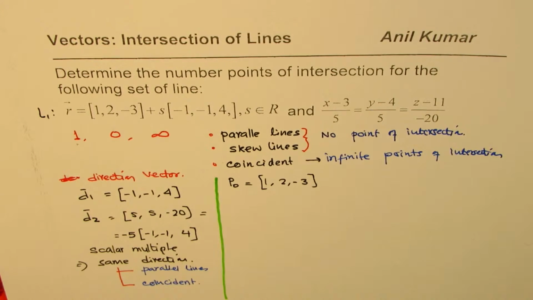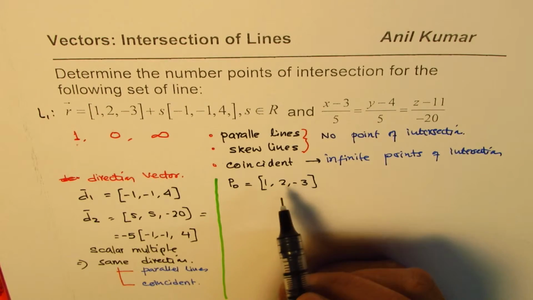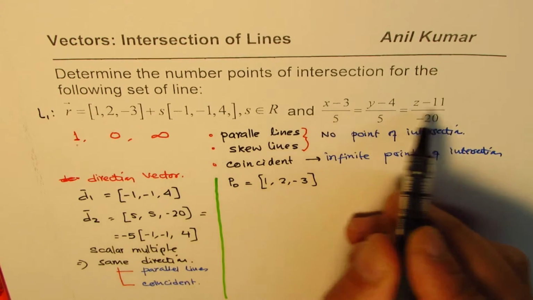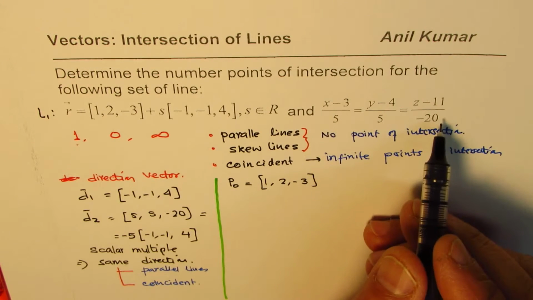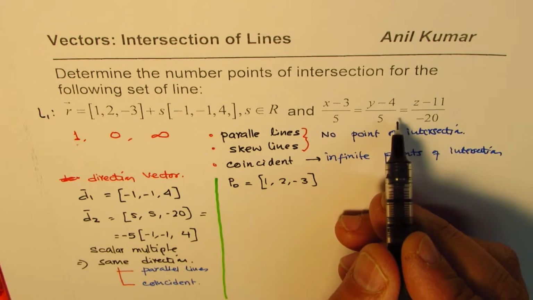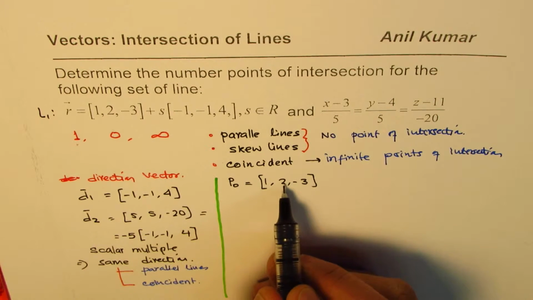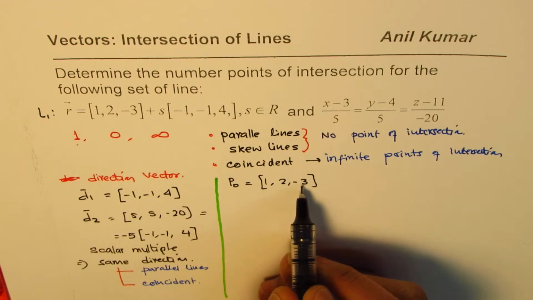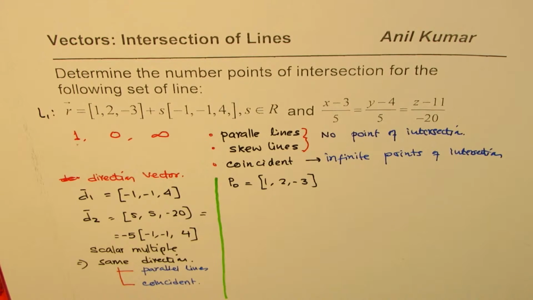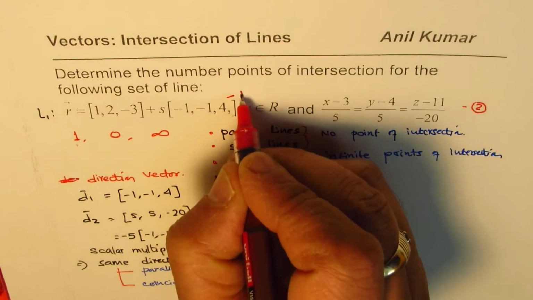So what we will do here is substitute this value and see whether it works or not. If it works, that means this point lies on the second line also. So I'll substitute x as 1, y as 2, and z as -3 in my second line, which we'll call line 2.